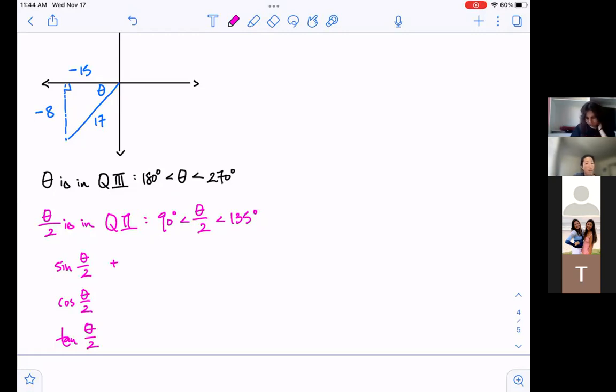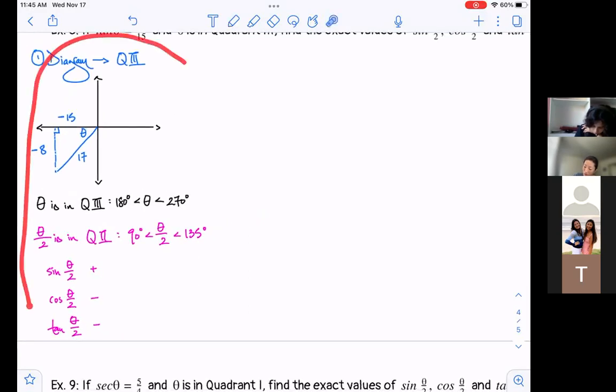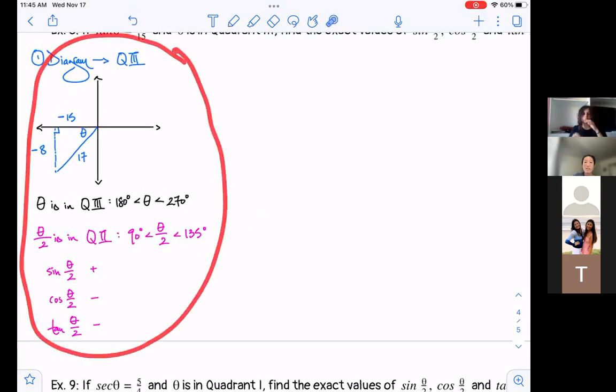All right, tell me about cosine. Is cosine in quadrant 2 positive or negative? Great, we've made our decision. We don't need to write plus minus in front. We know it's going to be minus. All right, what about tangent? Tangent in quadrant 2. Also minus. Great.